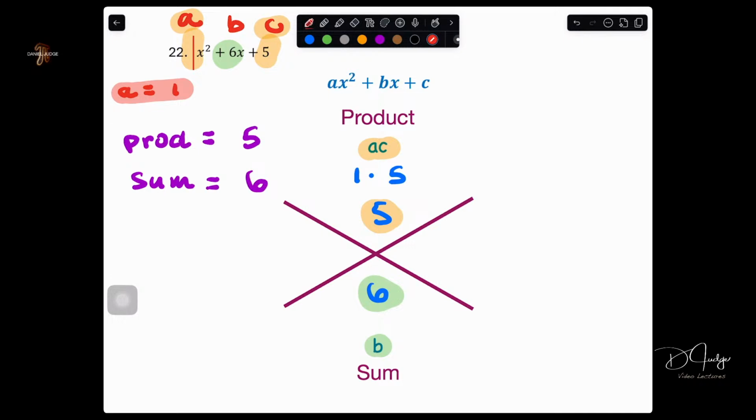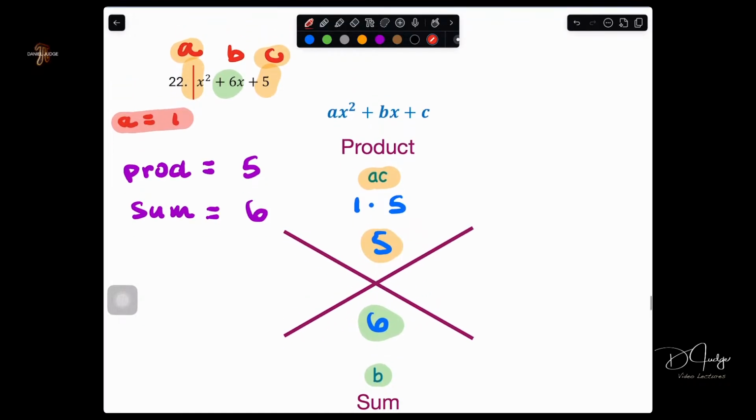This seems familiar. We know 1 times 5 is 5, and 1 plus 5 is actually 6. So 1 and 5 are the numbers.